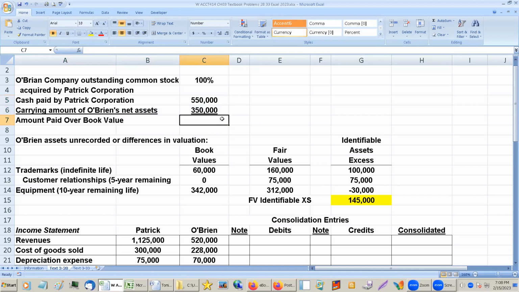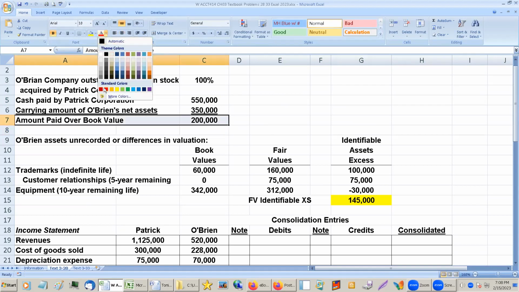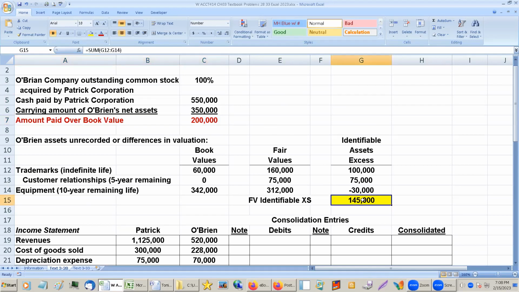So this is the amount that we paid over the book value, 200,000. Now, we identified 145 of it.